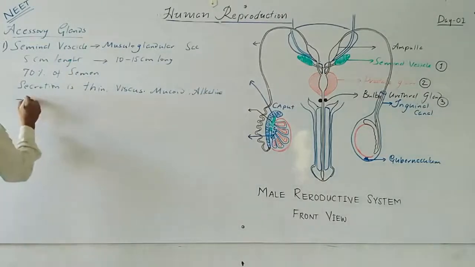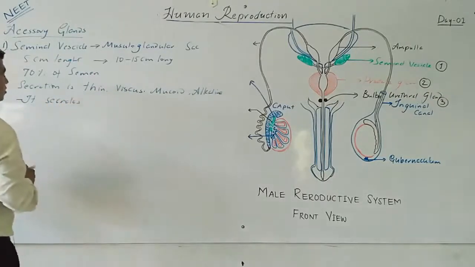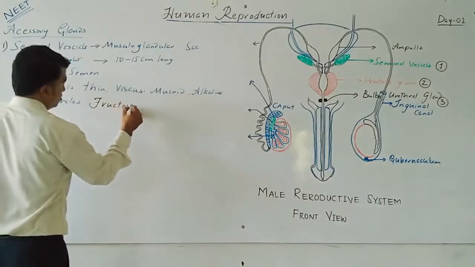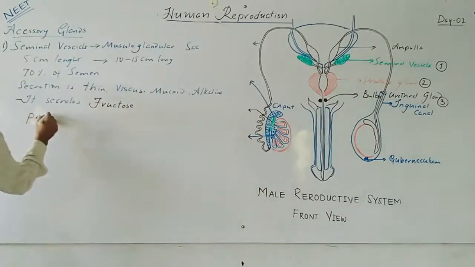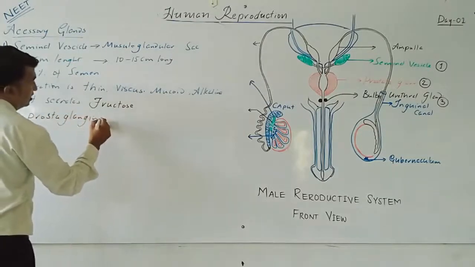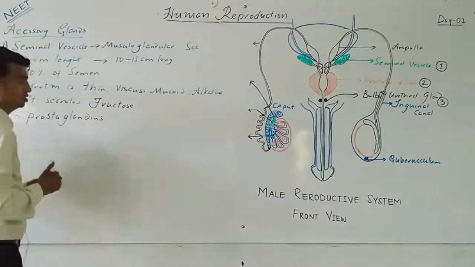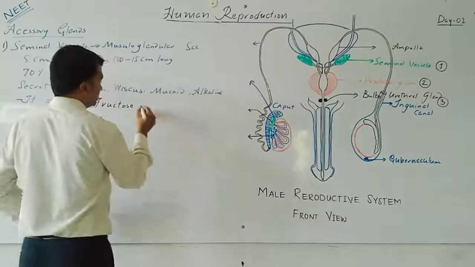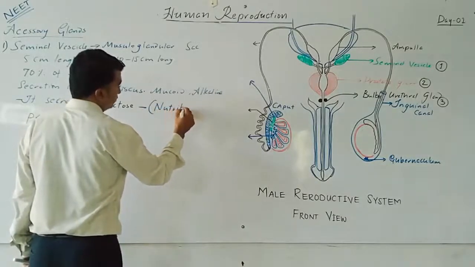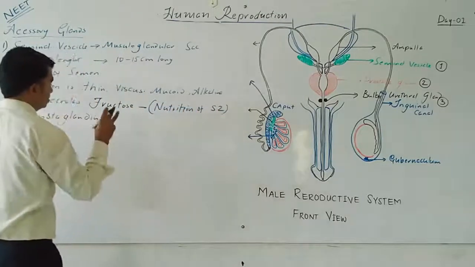The main secretions are fructose and prostaglandins. Fructose acts as nutrition for the spermatozoa.